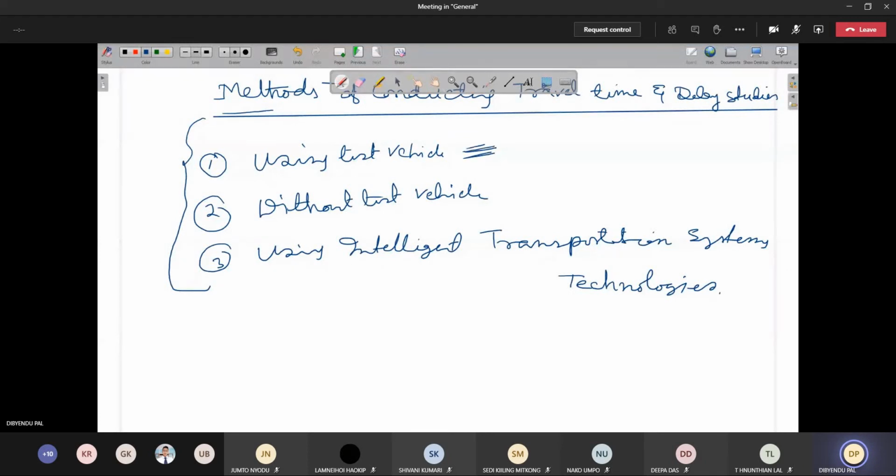Using that sample vehicle and different techniques, we can find out the travel time required to go from one location to another. Then there are some techniques where you don't need a test vehicle; even without a test vehicle we can find out the travel time required. And then there are intelligent transportation system techniques, some modern techniques that we can also use to find the travel time. We'll take them one by one.